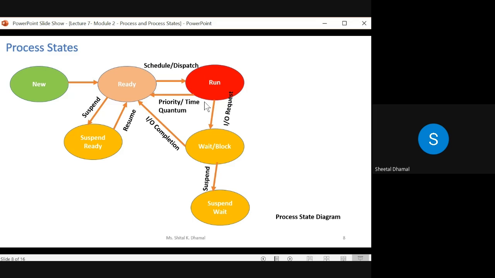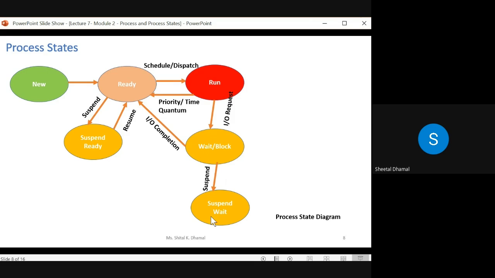Now if this process has higher priority than the processes present in the wait and block state, then what will happen? The process which is waiting for the input output resource will get shifted from the wait block state into the suspend wait state, and the process which is currently using the CPU and requesting the input resource, having higher priority, will get placed into the wait and block state.